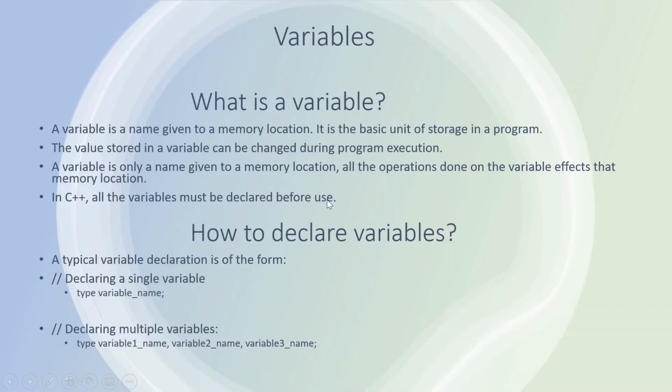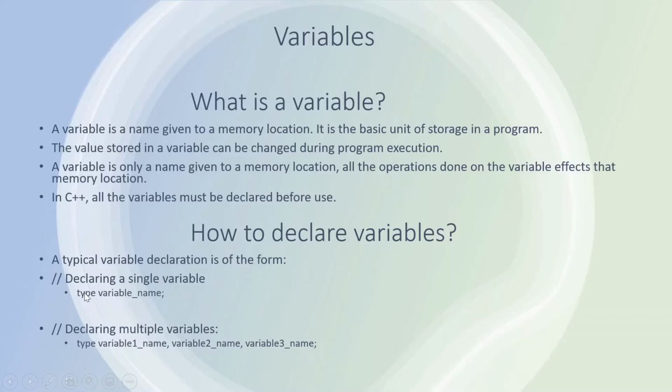Now we will see how to declare variables. To declare a variable, we can use basically two types of declarations: single variable declaration and multiple variables declaration. A typical variable declaration is of the form: type variable name.